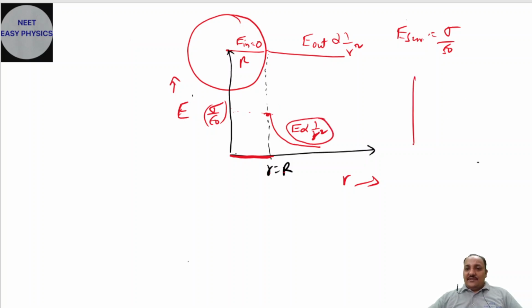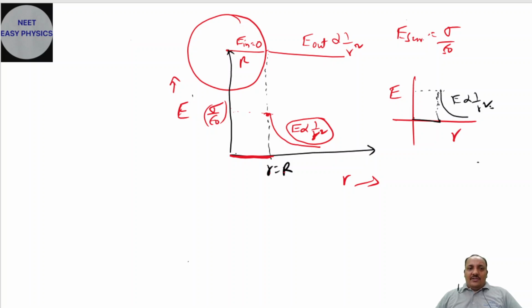So graph nature will be coming like this, E and r in case of conducting sphere. So this is 0. Later it is going to be maximum. So outside it is inversely proportional to R square.